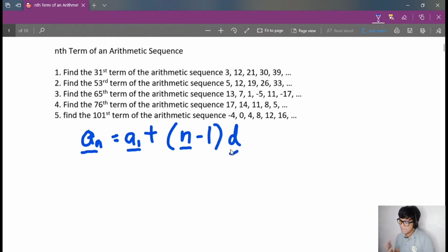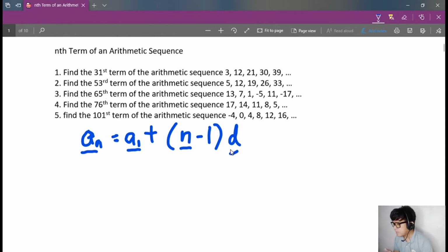So let's have examples here for number 1. For number 1, find the 31st term of the arithmetic sequence 3, 12, 21, 30, 39. So, pwede natin siyang gamitan ng adding successively. So, i-add natin yung common difference sa each term para makuha natin yung 31st term.